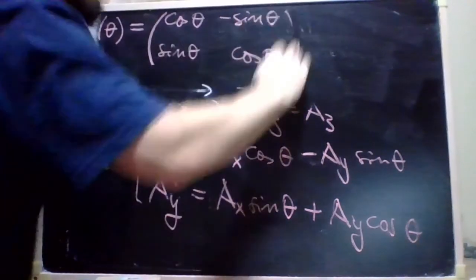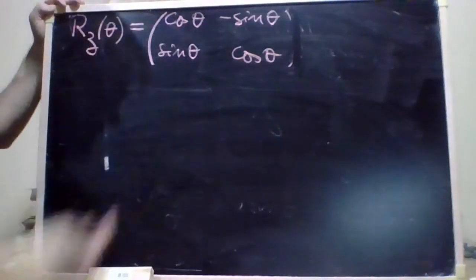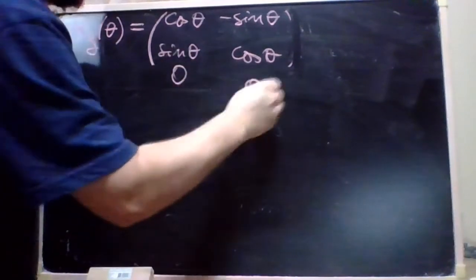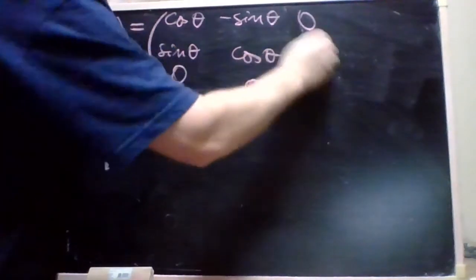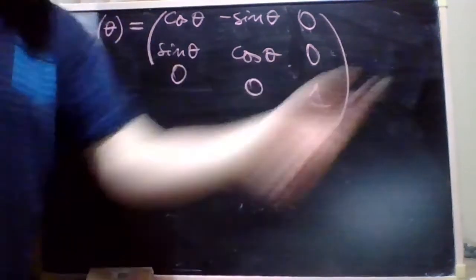And of course, the z component is kept fixed. Vectors in 3 dimensions have 3 components, so nothing changes for the z component. The z component stays the same.